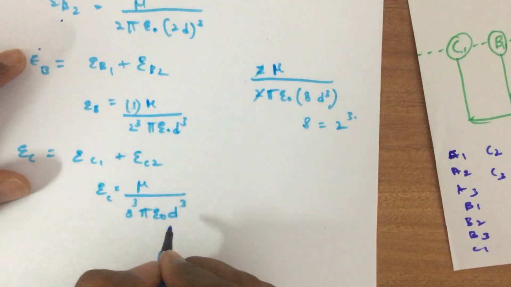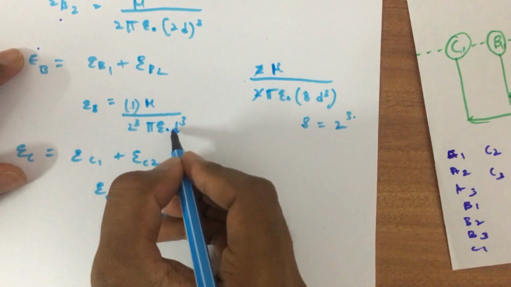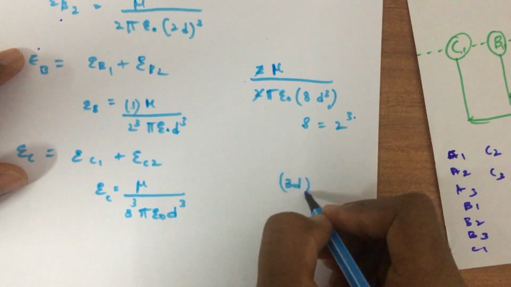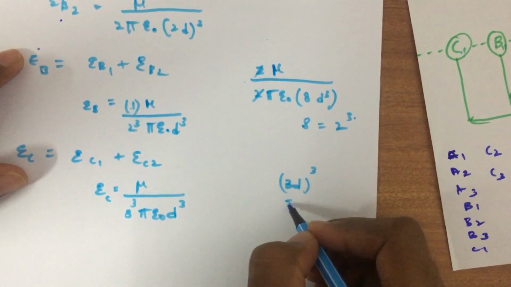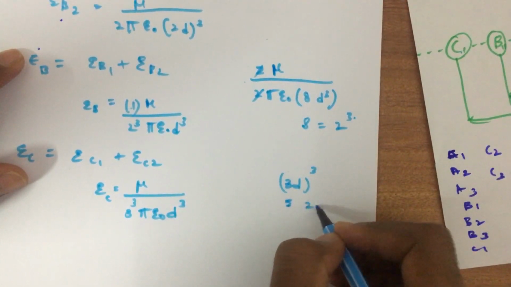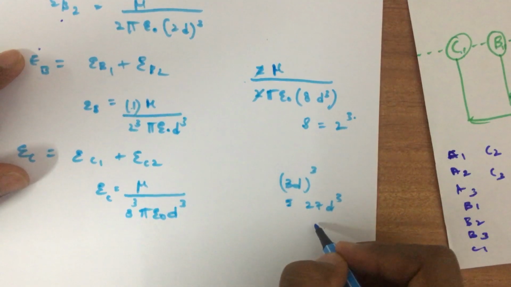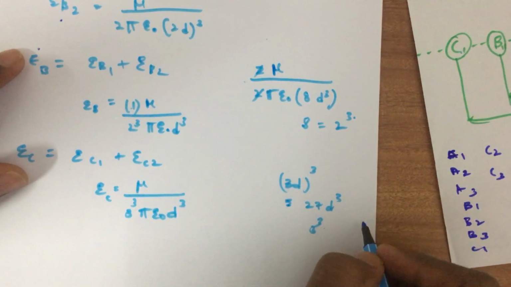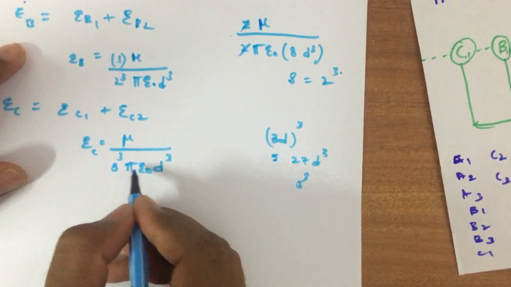I will say why it is 3 cube. So if you take here 3d whole cube, 3 3s are 9, 9 3s are 27. So 27d cube, and 27 can be written as 3 cube. So I have taken here 3 cube.